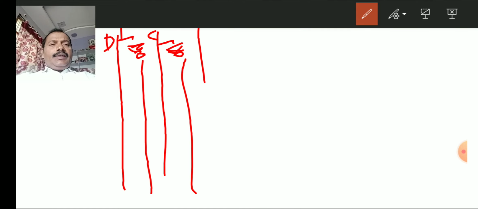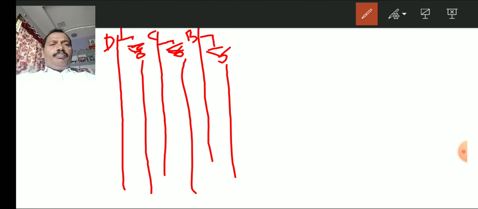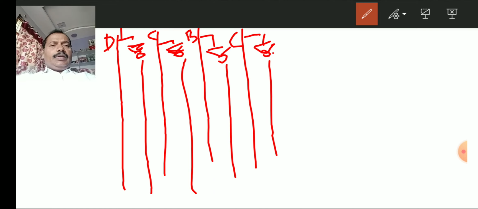Next the B line and the B bar line, then the A line and A bar line.